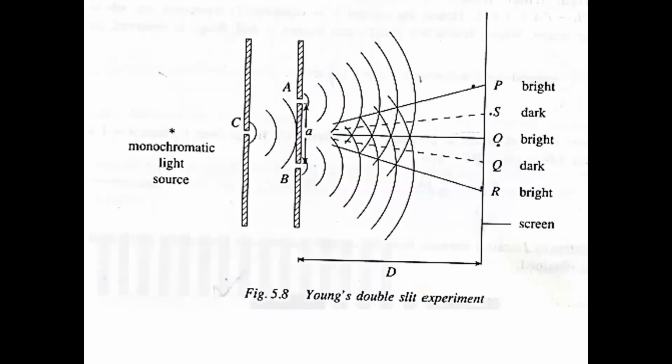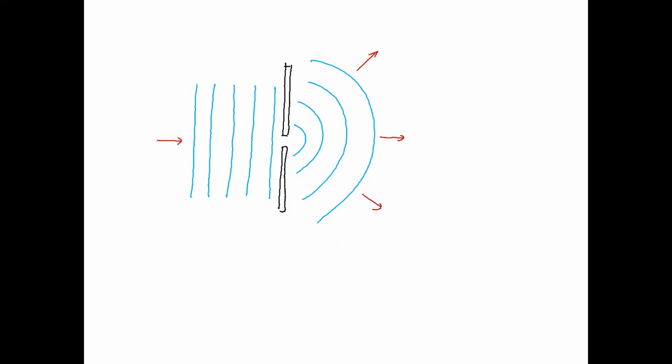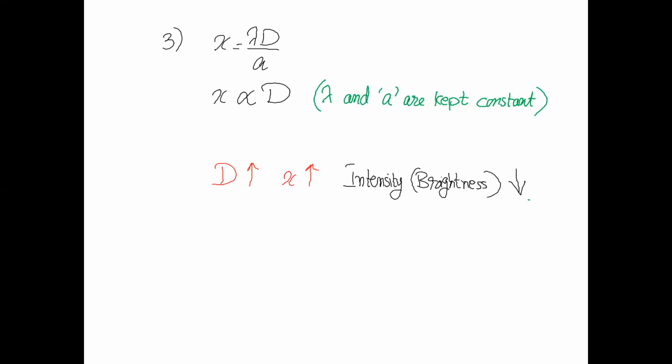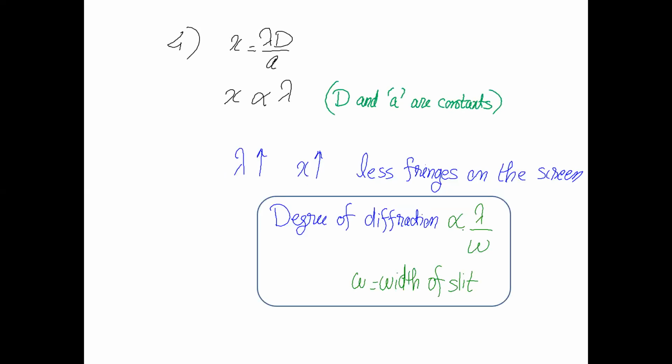If one slit is closed, these are the double slit ones, only diffraction occurs, but proper interference won't occur. x and D: what is x? Fringe separation. What is D? Screen separation. So x and D are directly proportional. x and lambda are also directly proportional.